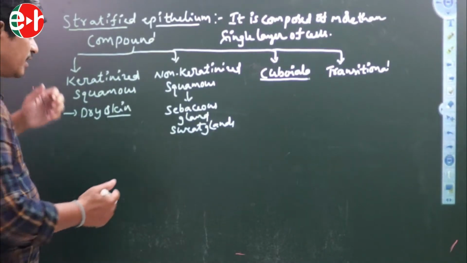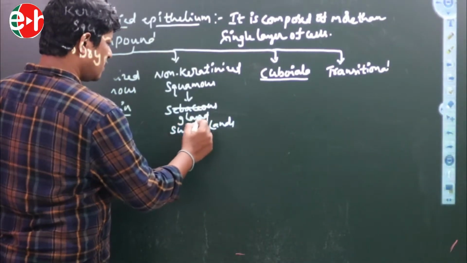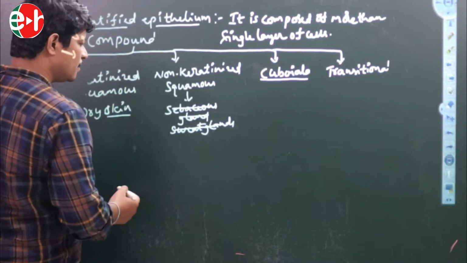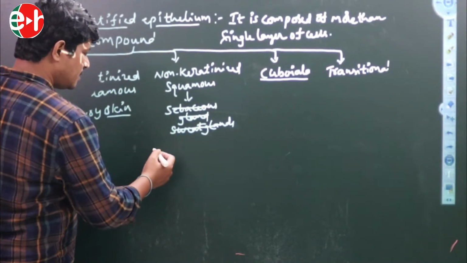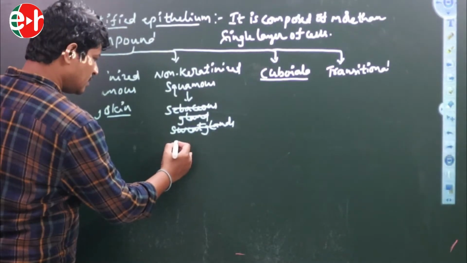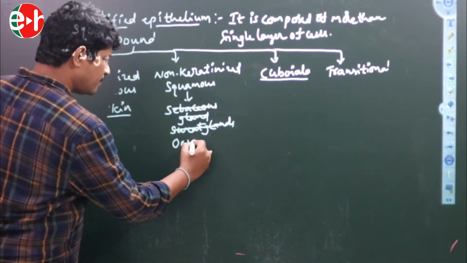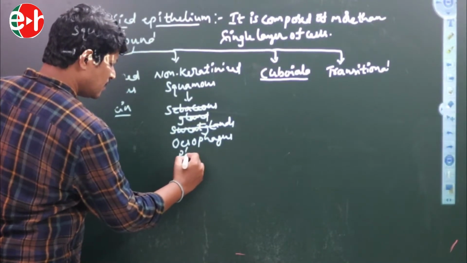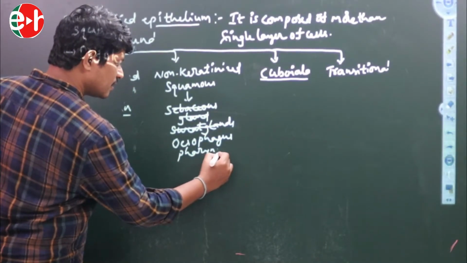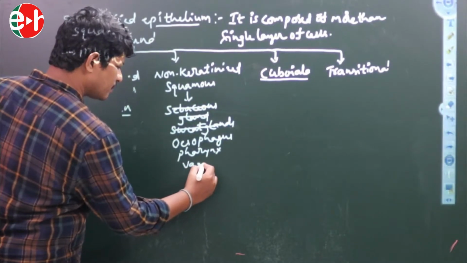Non-keratinized squamous epithelium is found in the esophagus, pharynx, and vagina.